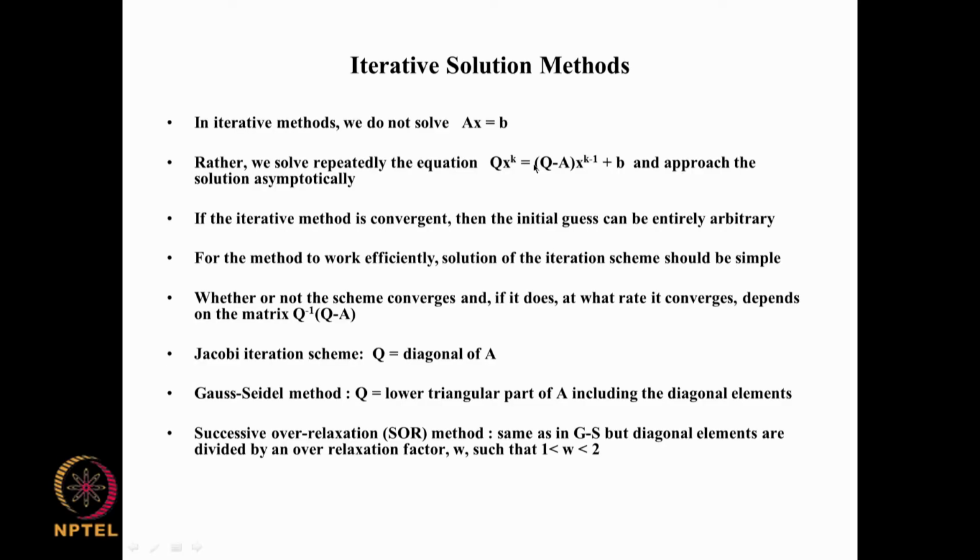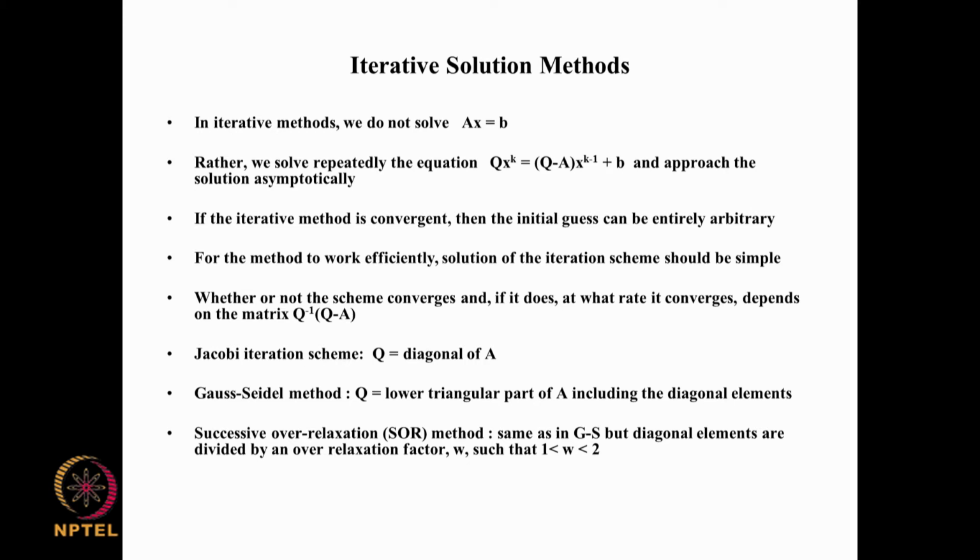So that nature by which improved solutions lead eventually to the final solution is known as a convergent scheme. Okay, so if you have a convergent scheme, then you can start with some arbitrary initial guess and march it forward in a sequential way and get to the final solution. So that will make it attractive, and although we are doing all these inverses, we will see that when we are actually solving a large number of equations, we do not have to construct the inverse.